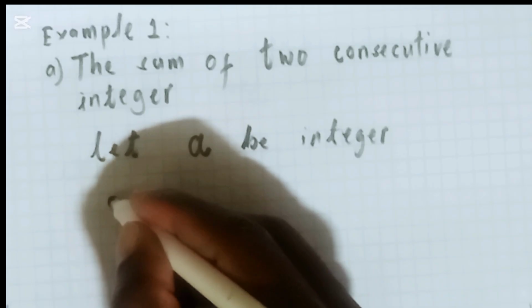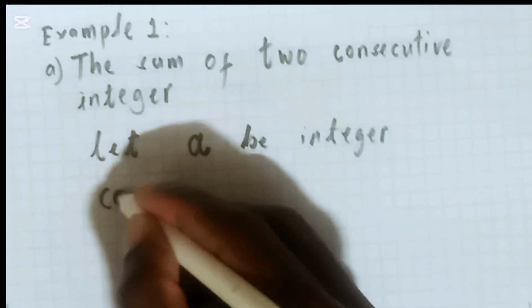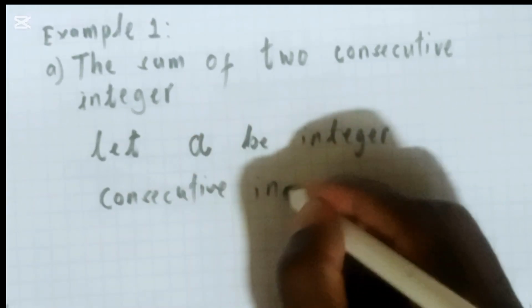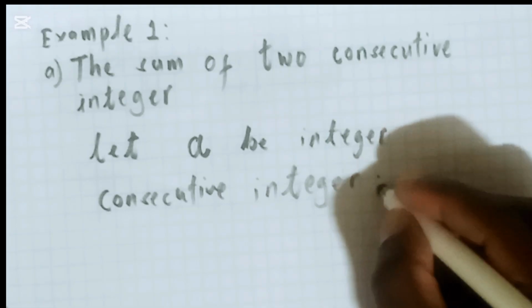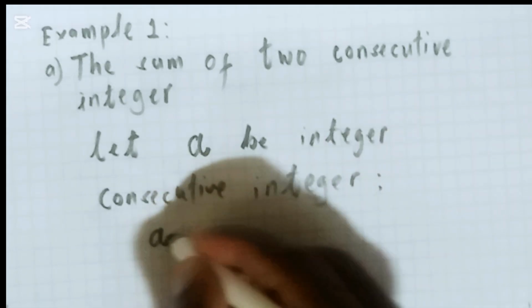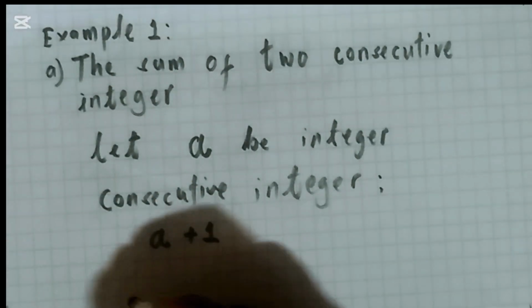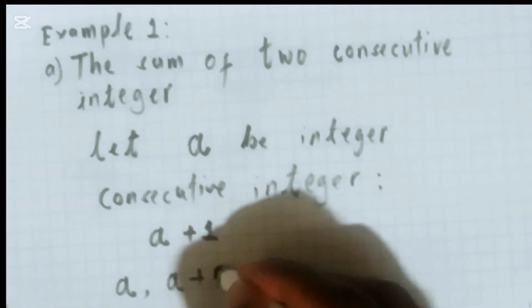So in that case, the consecutive integer to A will be A plus 1. Therefore we'll have a situation where we have A followed by A plus 1.